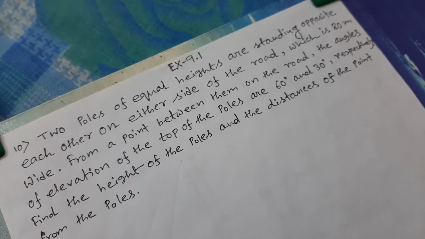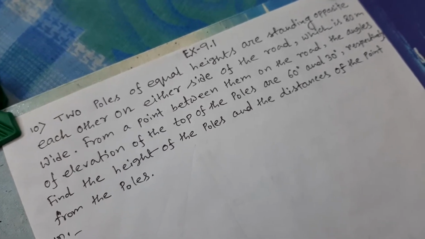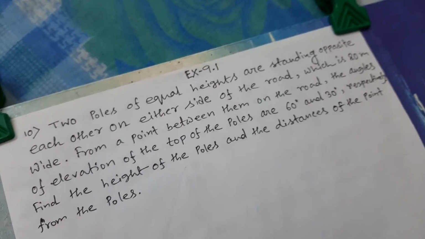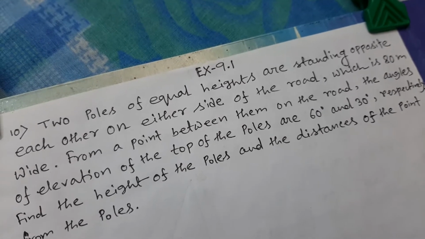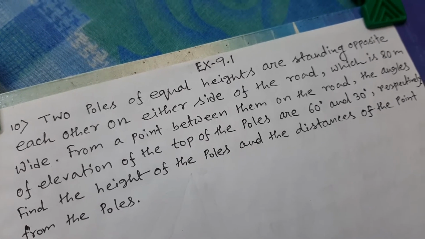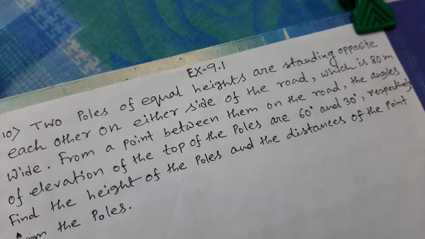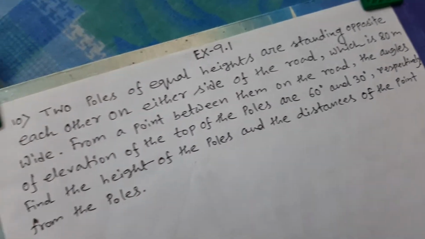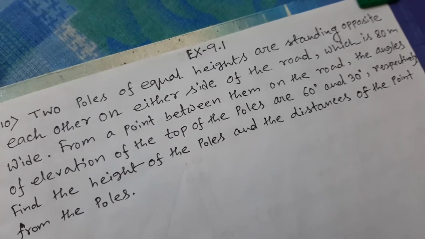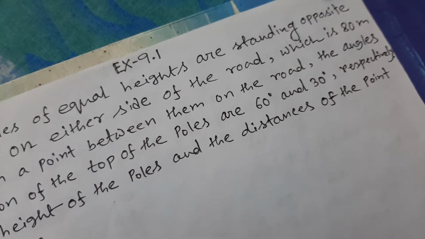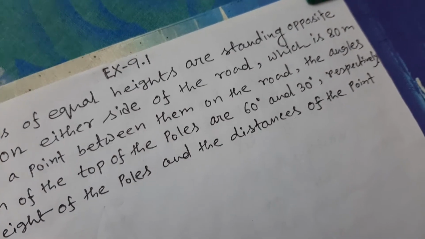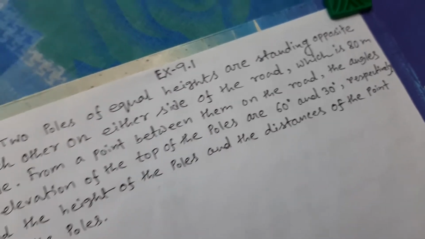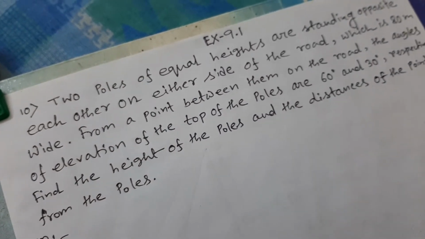Exercise 9.1, question number 10. The question is: two poles of equal heights are standing opposite each other on either side of the road, which is 80 meter wide.